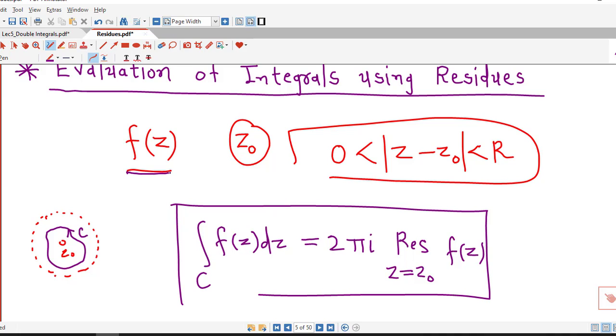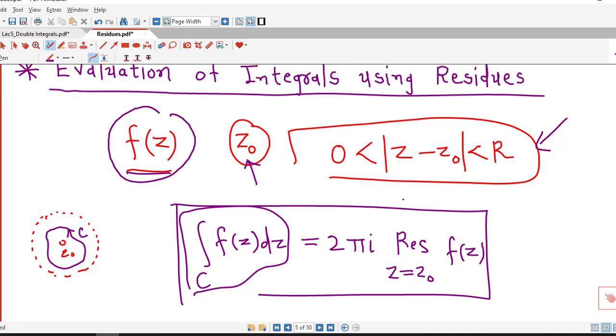Here the requirement is that our function f of z has a Laurent series expansion in the deleted neighborhood of that isolated singular point z0. To evaluate this type of integral, first we expand f of z in powers of z minus z0, and find the residue at z0, which is nothing but the coefficient of 1 over z minus z0 in the Laurent series expansion of f of z.